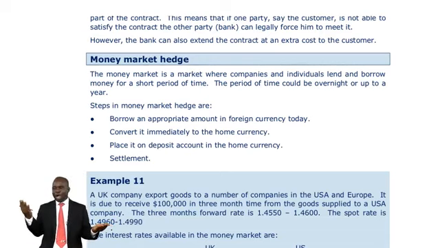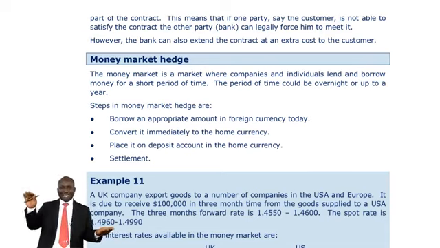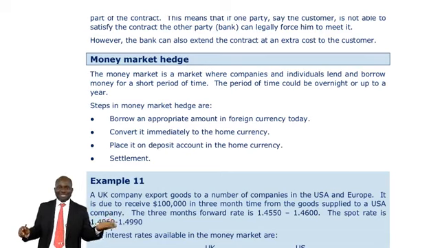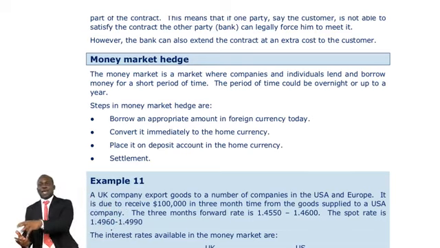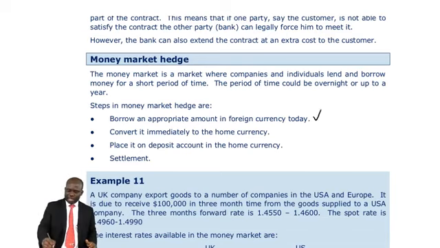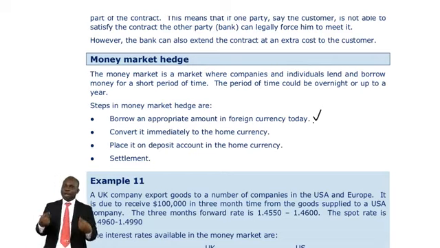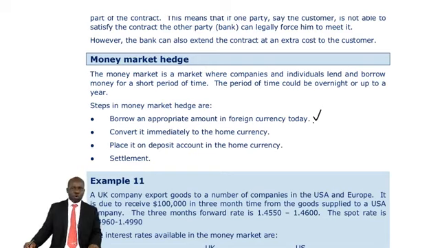So I have to go and borrow an amount such that the amount I will borrow plus the interest on the amount over the period will be equals to the amount of receipts I'm supposed to receive.